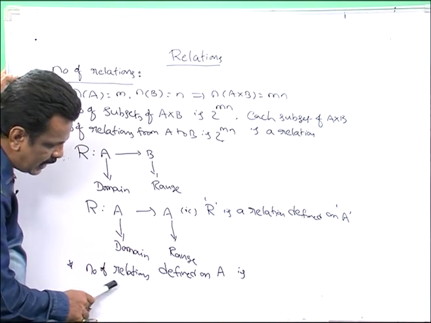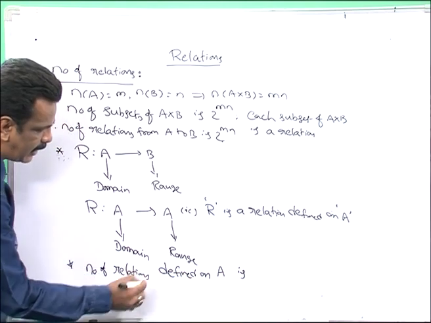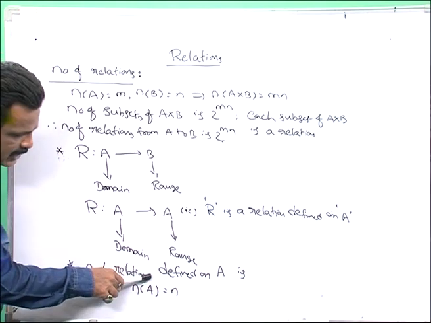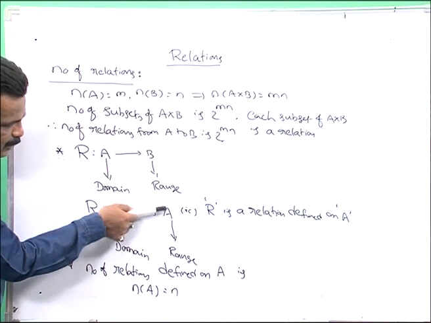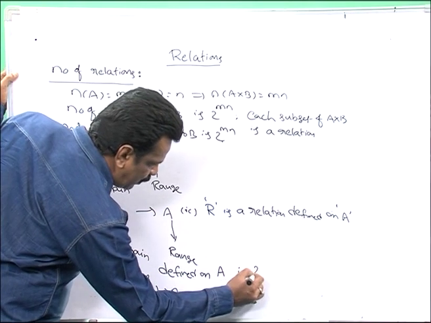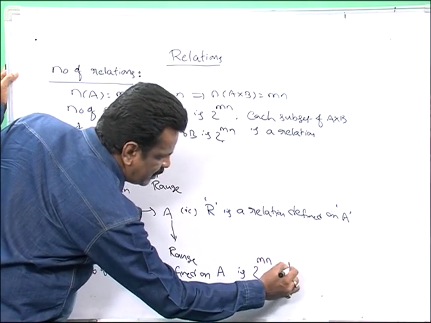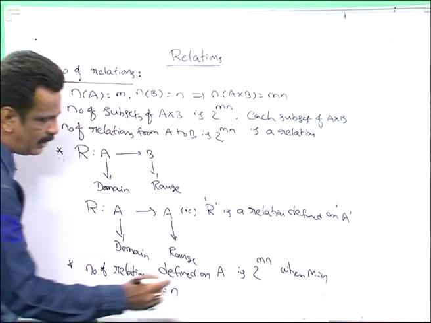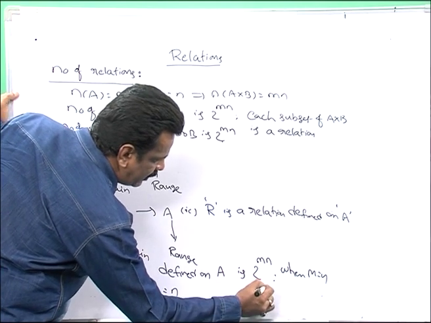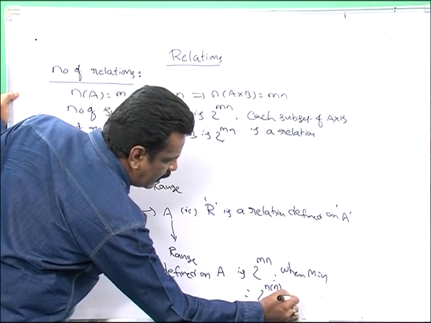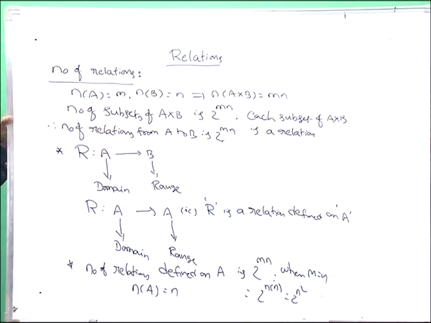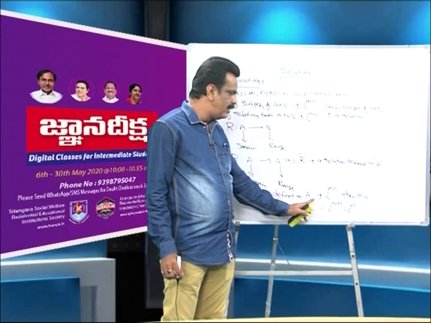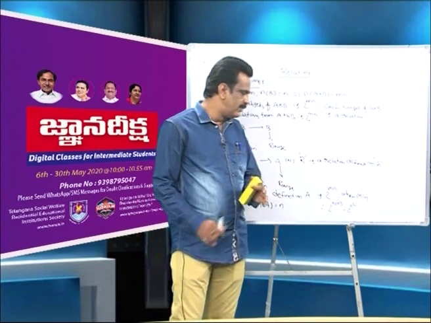We are taking n(A) equal to n, and the relation is defined on A means B equal to A, and hence in the formula 2 power mn, in the case when m equal to n, because B equal to A, it comes 2 power n into n, or it is 2 power n square. So if n(A) equal to n, then the number of relations defined on A is 2 power n square.